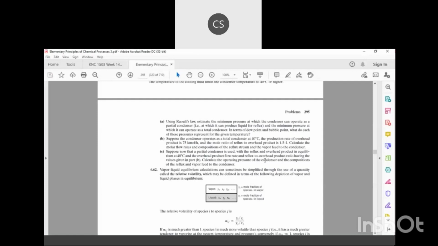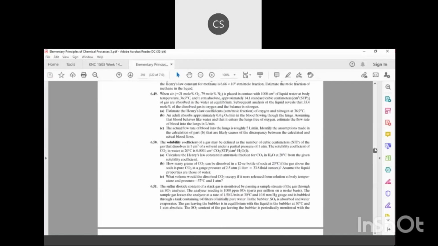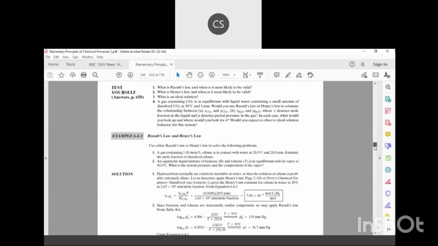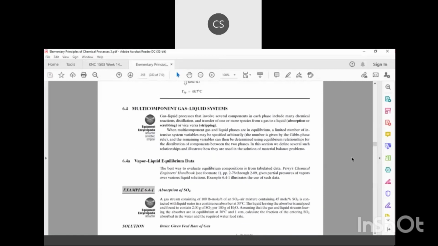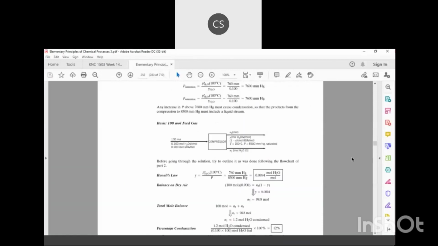So in this case, the reflux, which consists of the liquid, and the overhead product, which consists of the vapor, are in equilibrium at 40 degrees Celsius. And when they are in equilibrium at 40 degrees Celsius, let me show you.